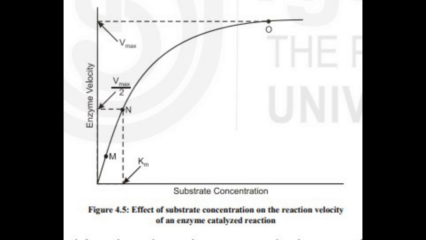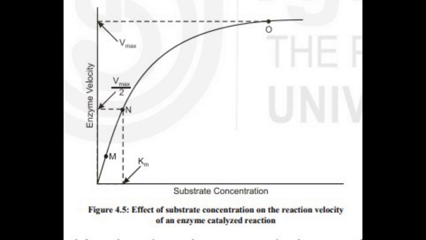When the velocity of a reaction is plotted against different substrate concentrations, as in the present graph, a hyperbolic curve is obtained. Figure 4.5: effect of substrate concentration on the reaction velocity of an enzyme-catalyzed reaction. M, N and O are 3 points on the curve representing 3 stages of enzyme-catalyzed reaction.